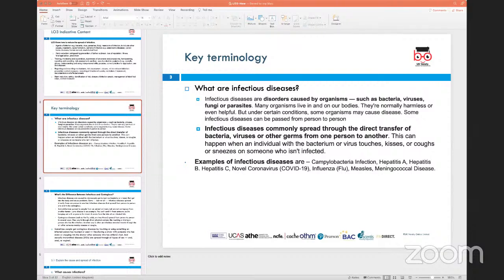So when we talk about infectious diseases, they can spread from one human to the other. They can spread amongst animals, from animals to humans, and they can also be spread by things like touching, kissing, coughing, sneezing. When you sneeze, obviously we don't see it with our open eyes, but Japanese scientists conducted an experiment on how the COVID-19 virus spreads through sneezing, and that is why face masks were mandated in public areas.